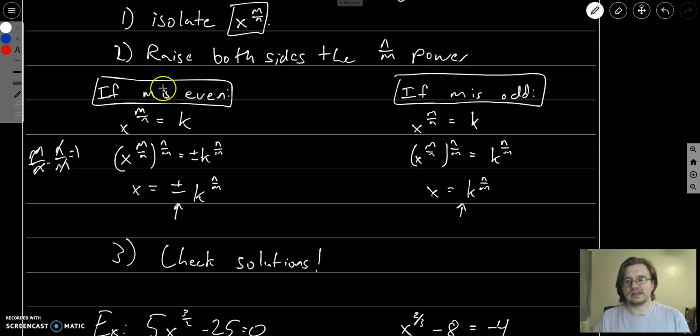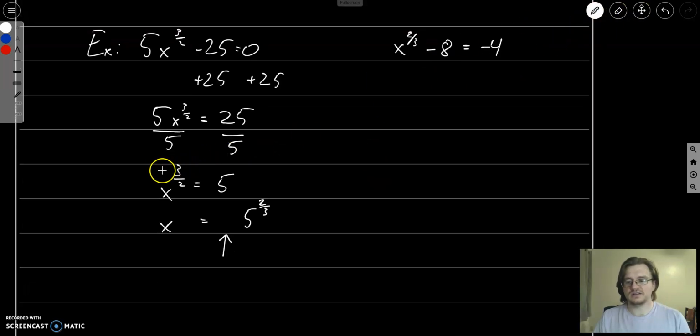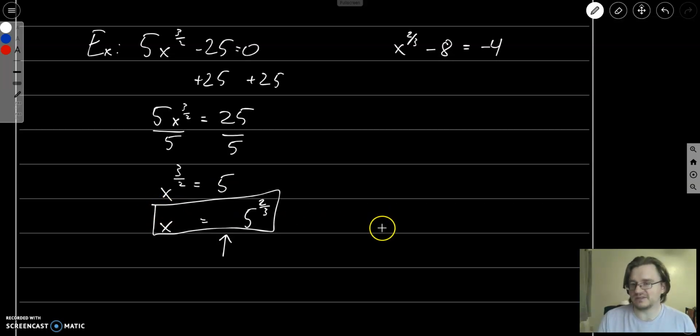What we're doing is we're looking at m, and m is what's on top of the fraction. If it's even, I add it. If it's odd, I don't. On top of my fraction is a 3. 3 is odd, so I don't add a plus or minus sign. And this is my solution.